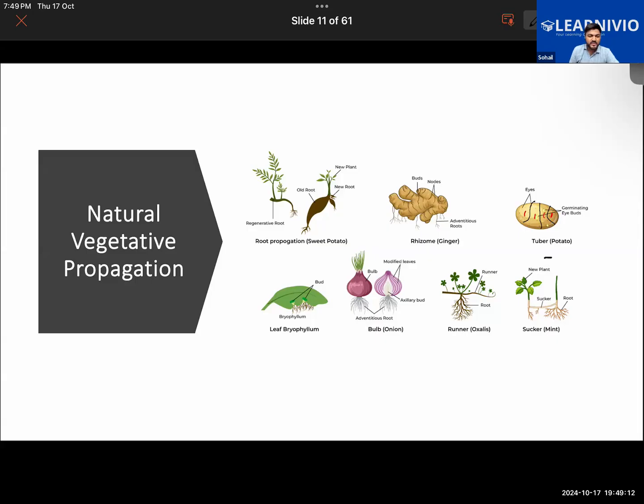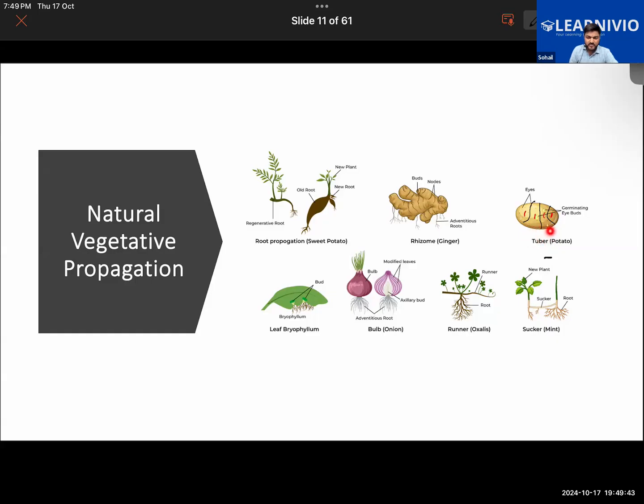While some of them will go under artificial propagation, they can be propagated artificially also. Some methods will be only artificial, but most of them can be both. Take the example of this potato. It will do natural vegetative propagation, and it can be artificially propagated also.